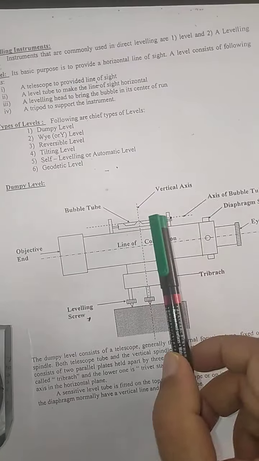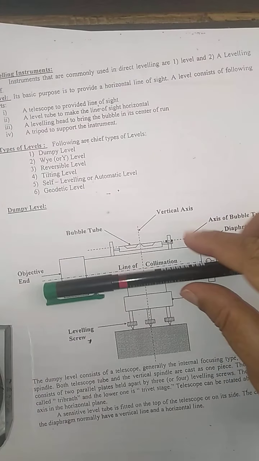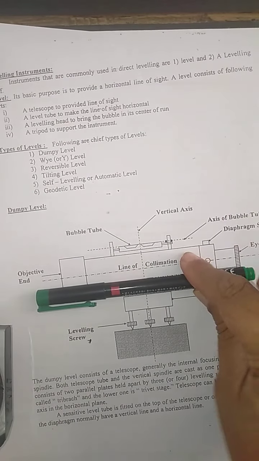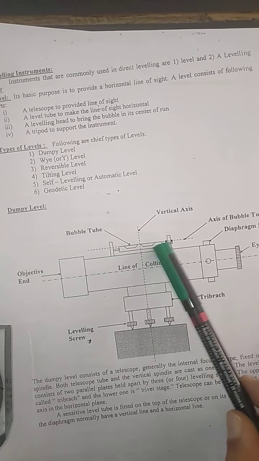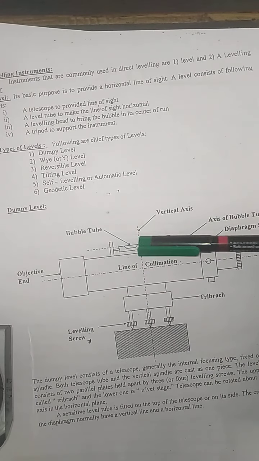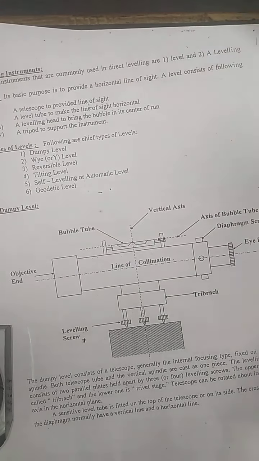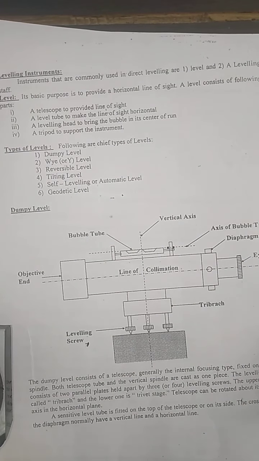From this bubble tube we get to know whether this telescope is exactly horizontal or not, right? If the bubble is at the center, then we can say that the line of sight is completely horizontal.